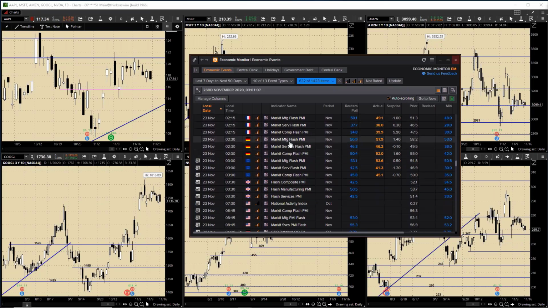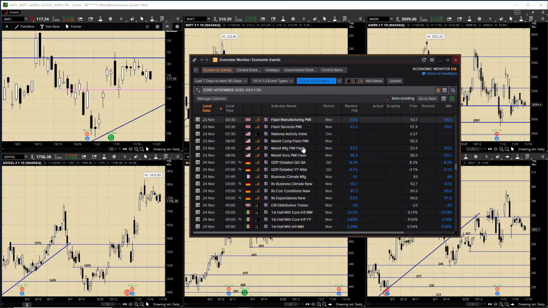German manufacturing flash PMI 57.9 versus a poll of 56, with services pretty much in line at 46.2 versus 46.3. And then just now, Eurozone flash PMI came in at 53 versus 53.6, versus what they were expecting, 53.1.